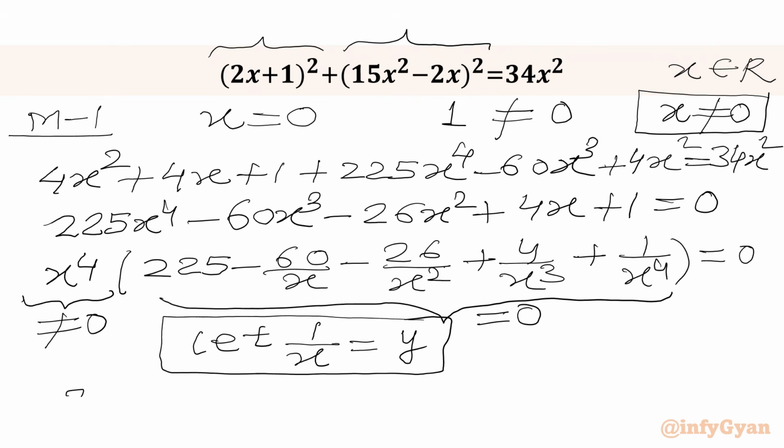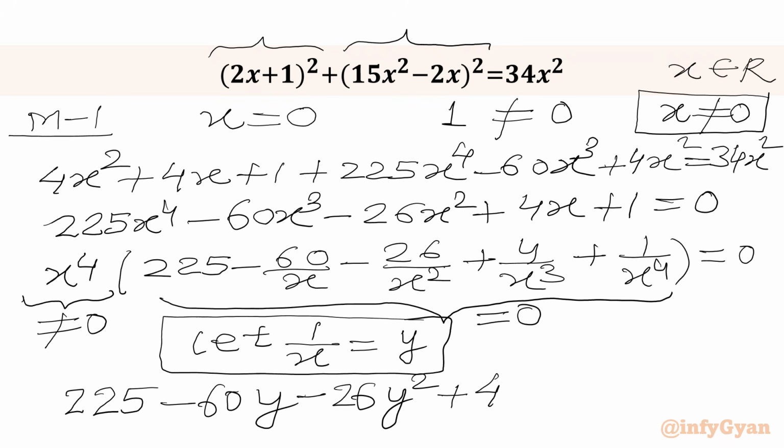So we are going to write our equation in variable y: 225 − 60y − 26y² + 4y³ + y⁴ equal to 0. Now we have to solve this quartic equation.